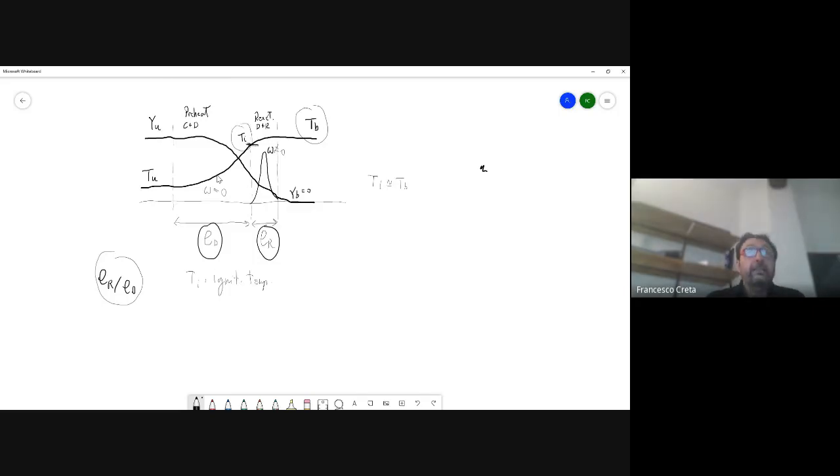One assumption that we can certainly make is that the difference between Ti and Tu, the variation of temperature in the preheat zone, you can fairly or safely regard as Tb minus Tu. This is because essentially Ti is very close to Tb, as we said. So that's one assumption.